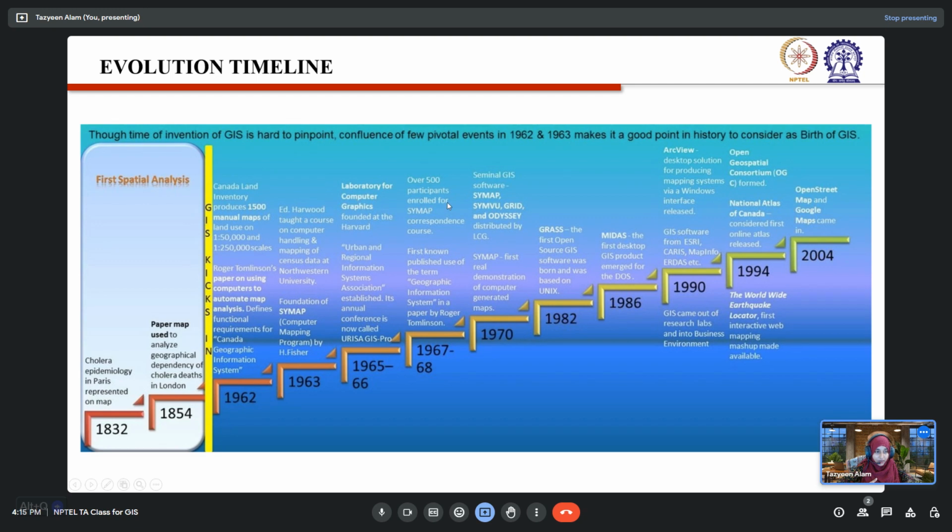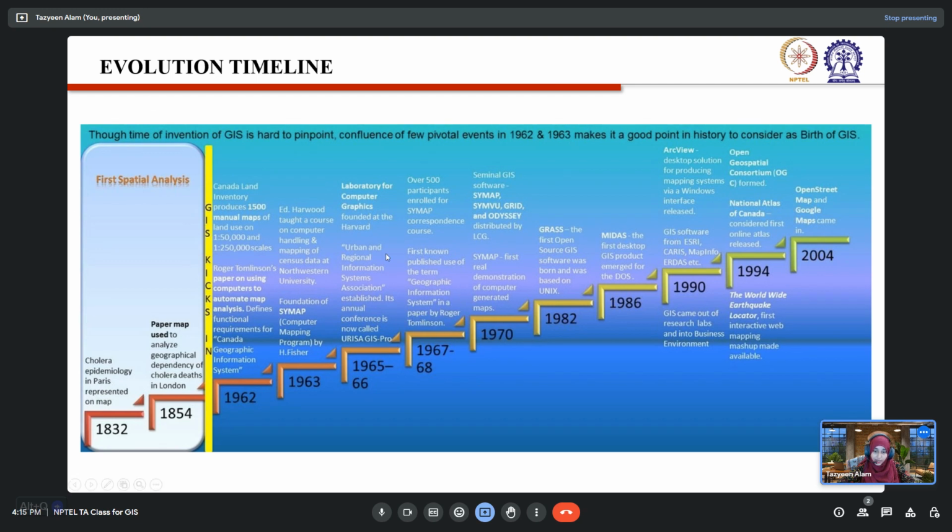Then it moved further in 1968 to the Geographic Information System by Roger Tomlinson. So finally, after a span of almost 100 to 150 years, this entire spatial analysis process transformed into a Geographic Information System.